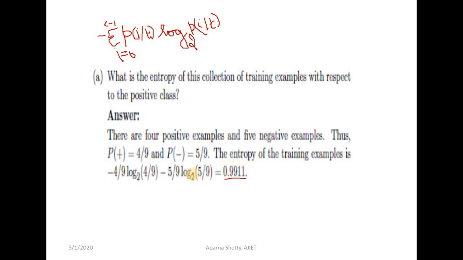Here remember, whenever you are calculating log of 5 by 9, you have to divide it by log 2, because it is to the base 2.